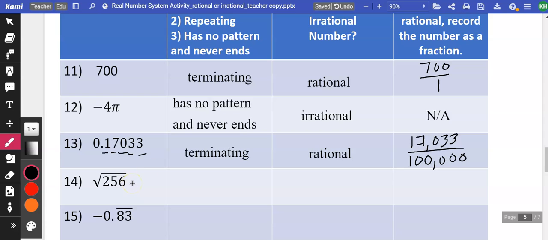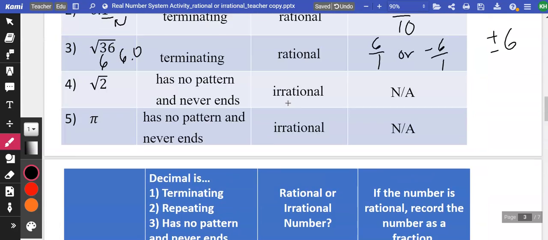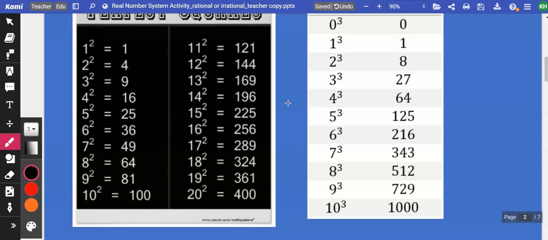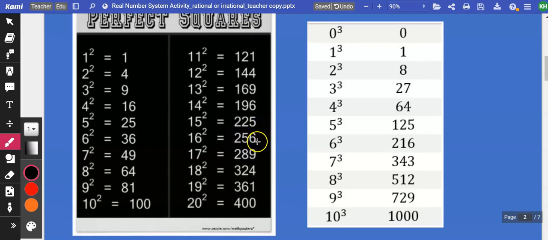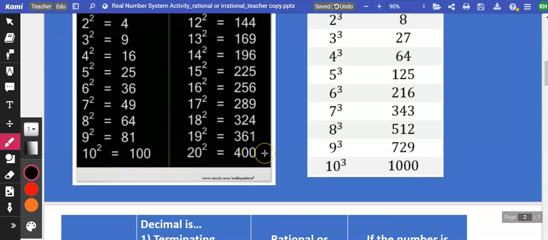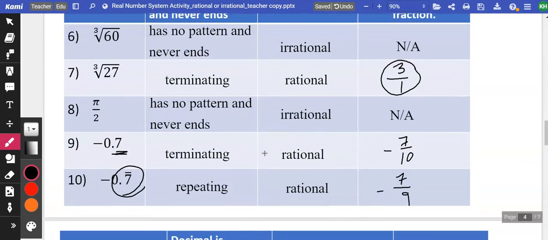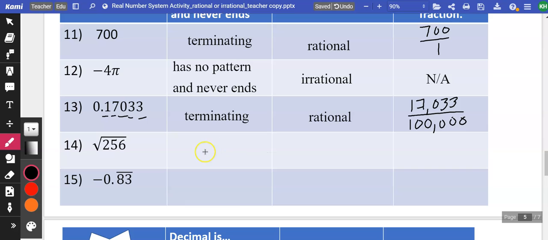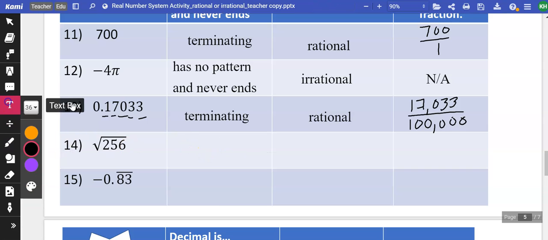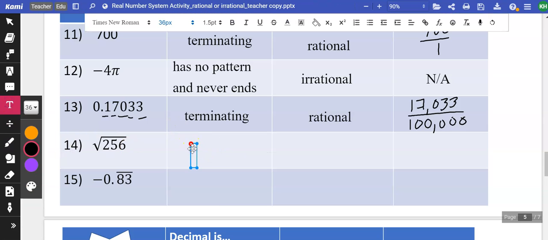Number 14, the square root of 256. Hopefully you already remember that 256 is a perfect square. It results from multiplying 16 times 16, or negative 16 times negative 16. So this is going to have a decimal expansion that is terminating. Think about it. 16.0 or negative 16.0, the decimal ends.